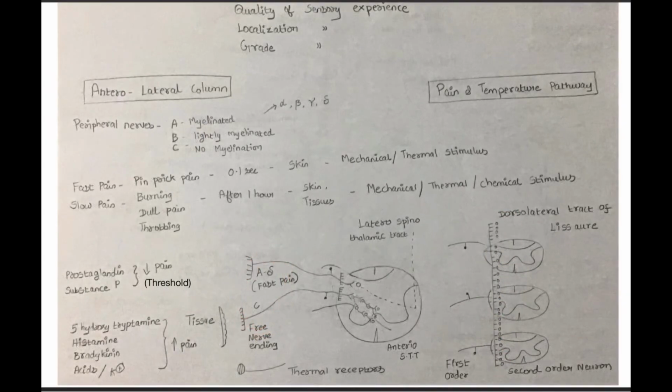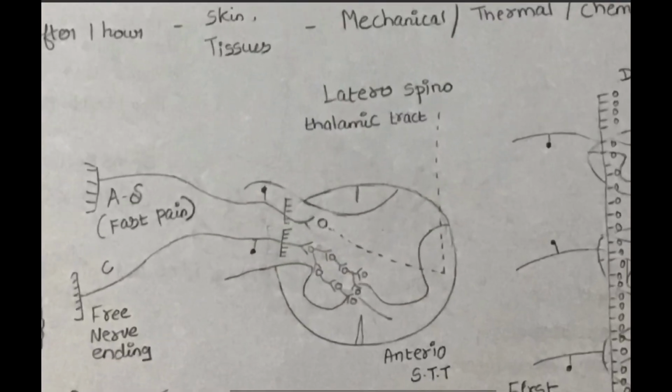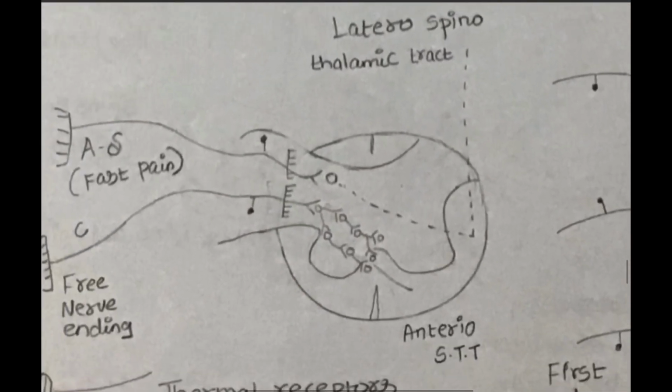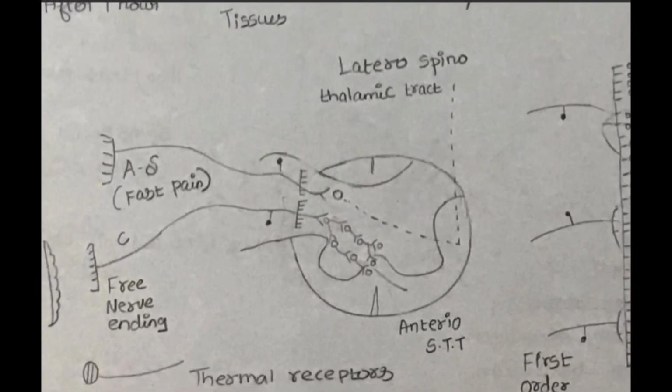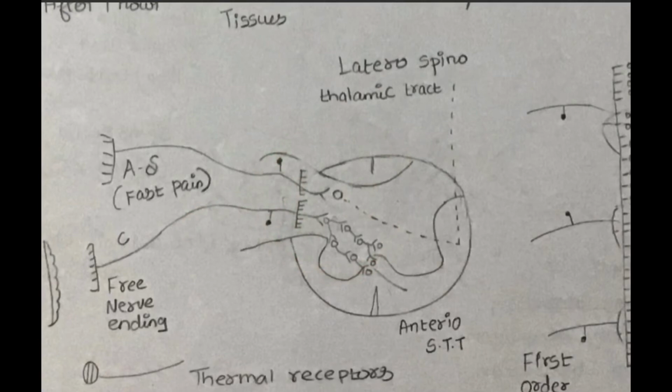When both the A delta fibers and C fibers meet their respective second order neuron inside the spinal cord, let me zoom this for you. The meeting area between the fiber and the second order neuron is known as the substantia gelatinosa.